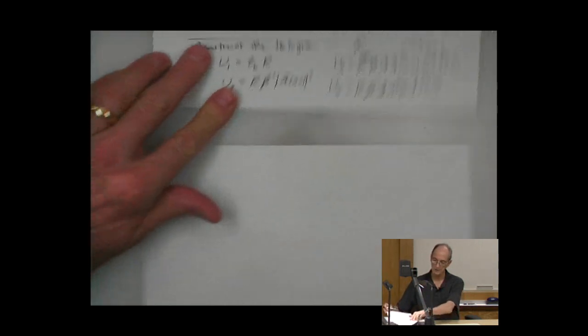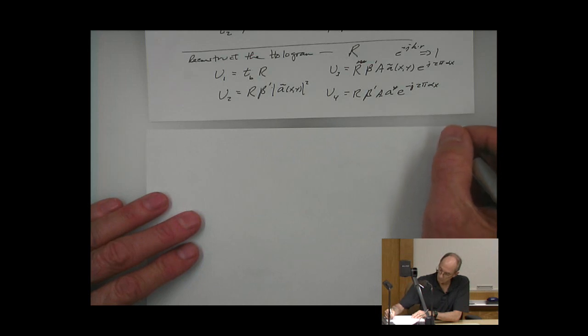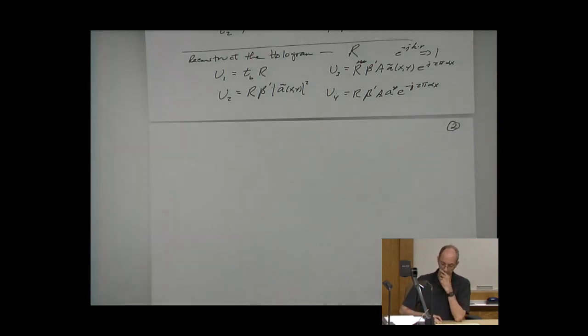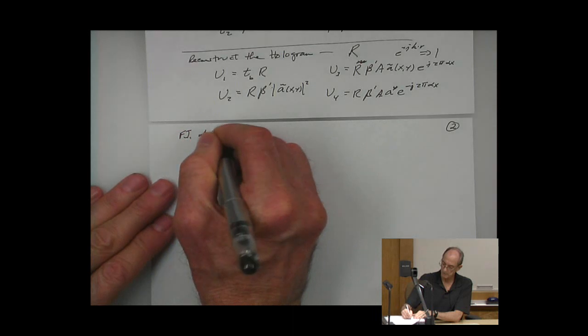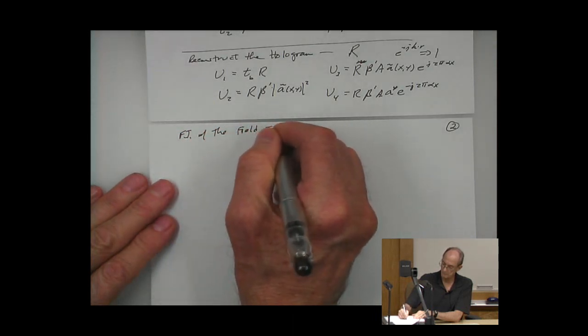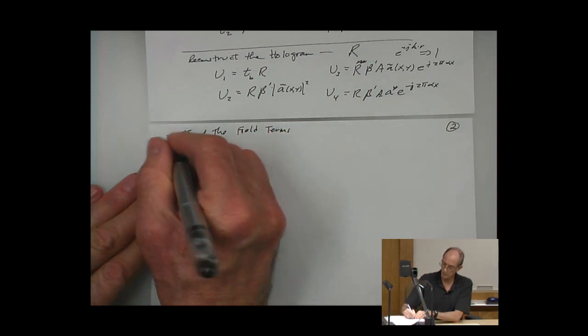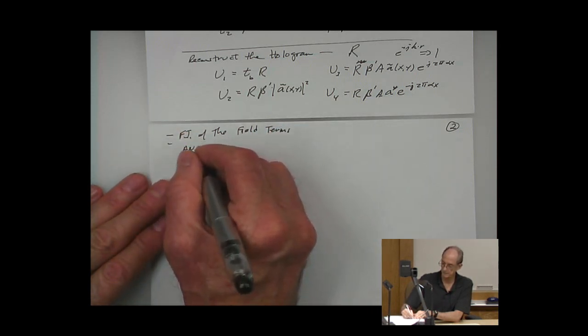So now let's do a little bit of play with our Fourier tools here. Let's take the Fourier transform of the field terms, and then we'll analyze the frequency characteristics.